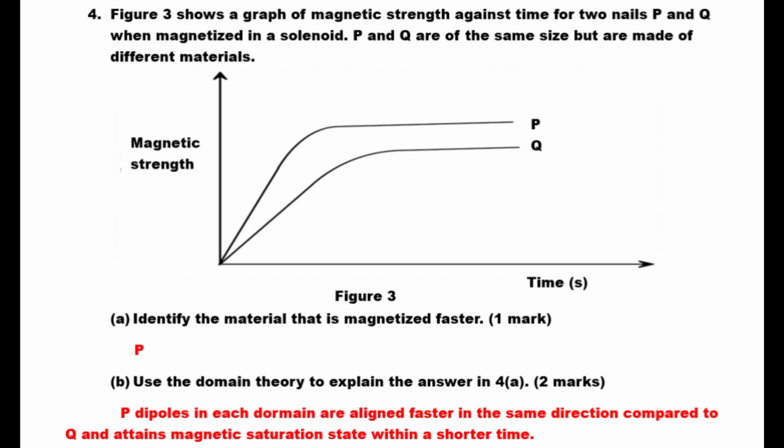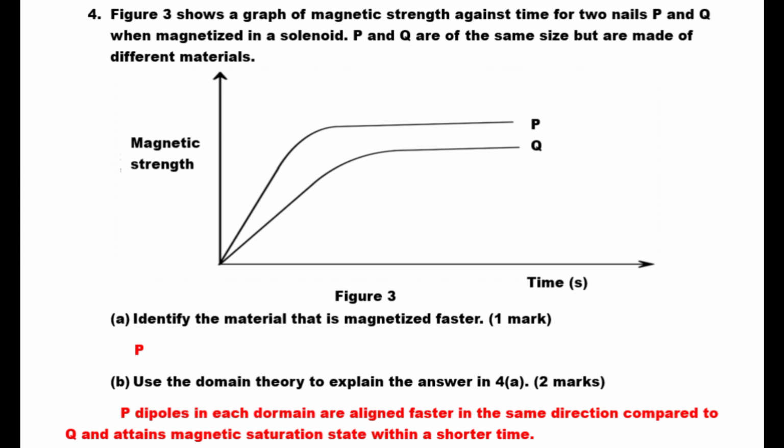So in P, dipoles in each domain are aligned faster in the same direction compared to Q, and it attains the magnetic saturation state within a shorter time. So if you look at the same time, let's say whichever time you pick, maybe after 1 second, for instance, you realize that Q has less magnetic strength than P. And that means P is being magnetized very, very fast.